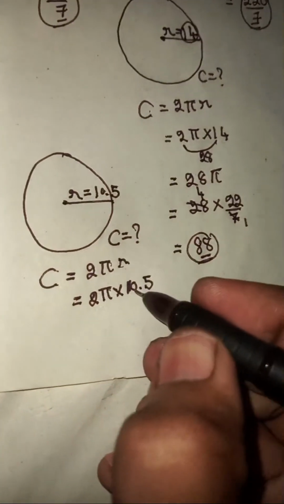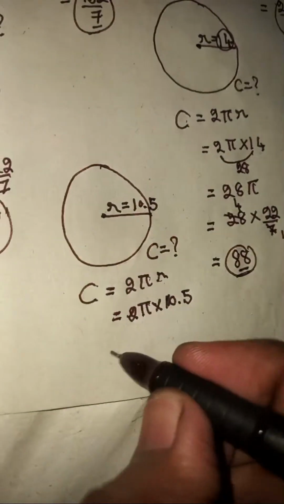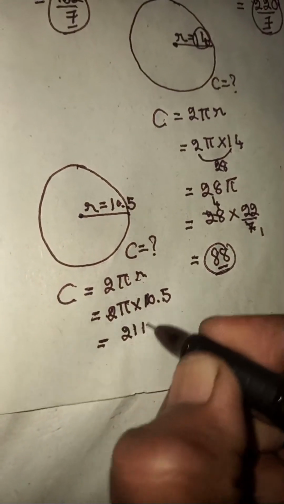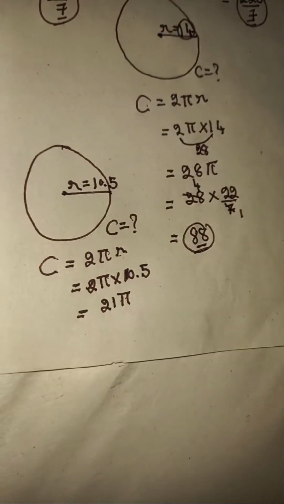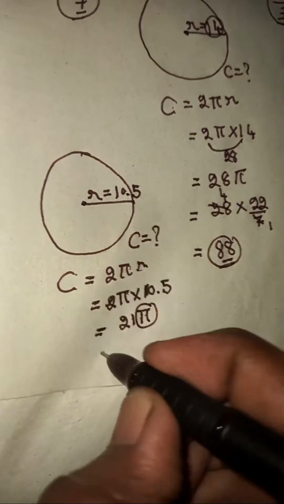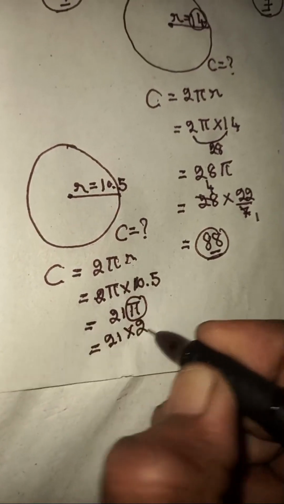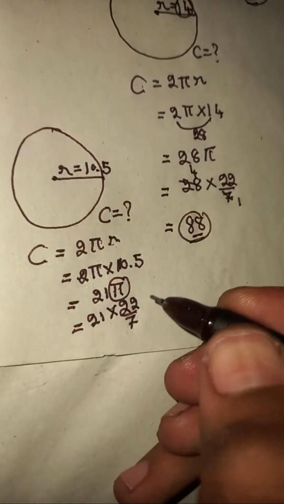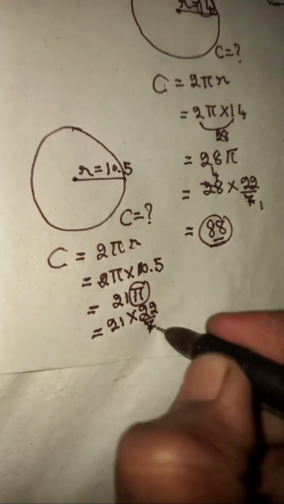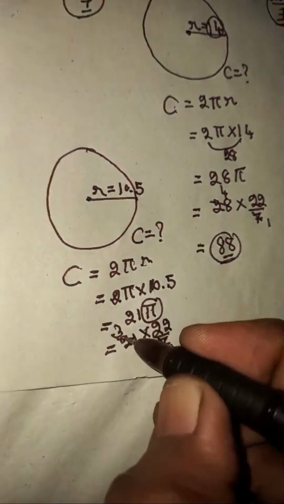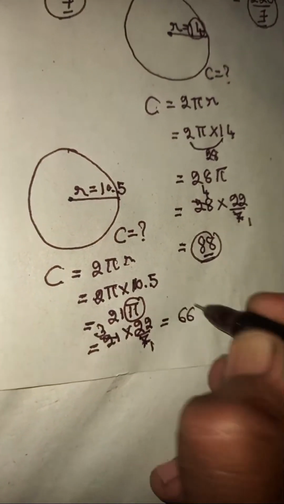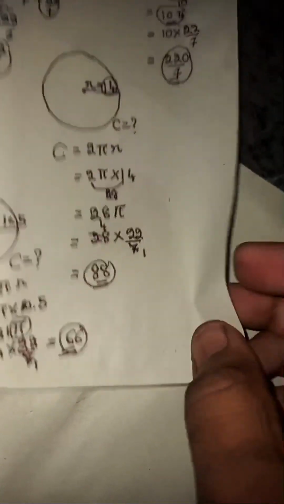And now this 10.5 times 2 becomes 21, so it is 21 pi. 21 pi, pi you can write as 22 by 7. This 22 by 7, here you can divide 7 1 times, 7 3 times. 3 times 22 becomes 66 units.